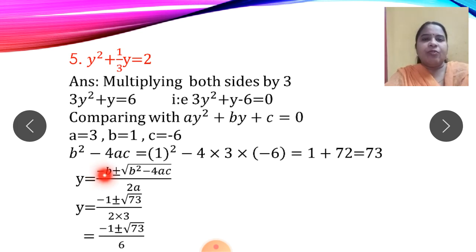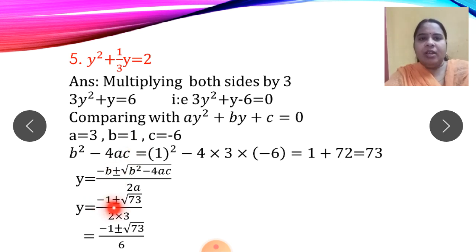See now, the formula. Since the variable used is y, I am writing it as y is equal to minus b plus or minus root of b square minus 4ac upon 2a. I hope till now you have learned this formula by heart. Yes? Okay. Now let us substitute the values. Minus, from the formula, b is 1.